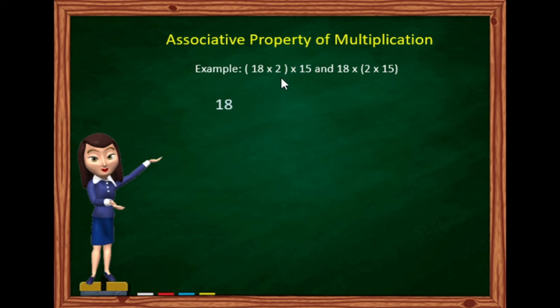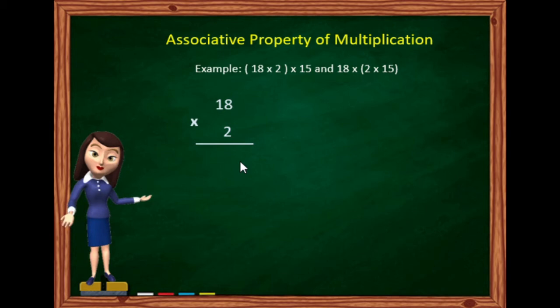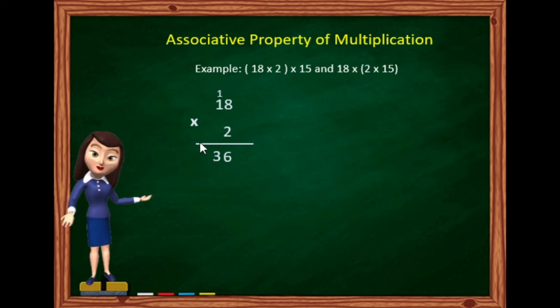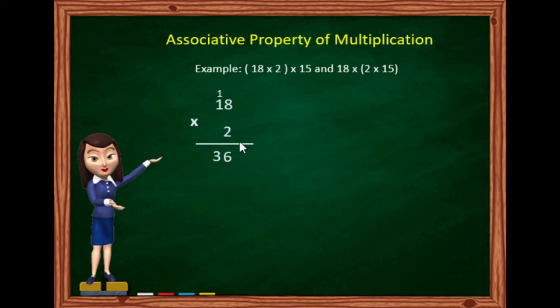Because it's inside the parenthesis, we have to solve it first. 18 times 2: 2 times 8 equals 16. Bring down 6, carry 1. 2 times 1 equals 2, plus 1 equals 3. So our first product is 36. Now we have to multiply the product 36 by 15.